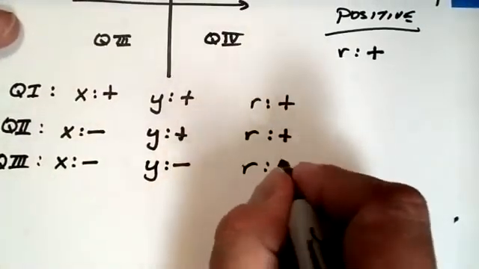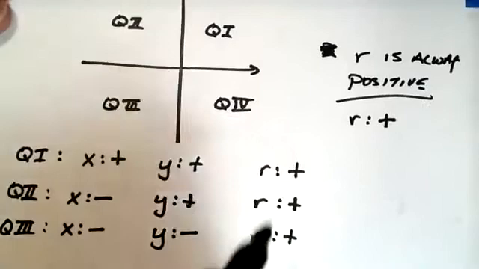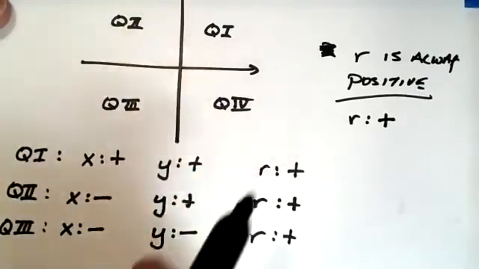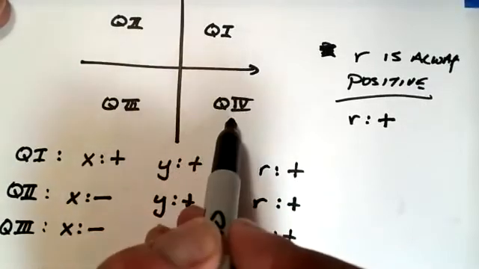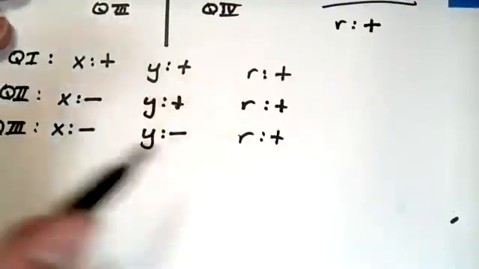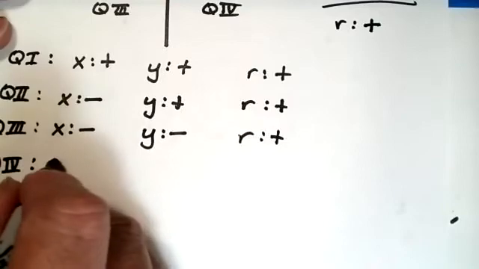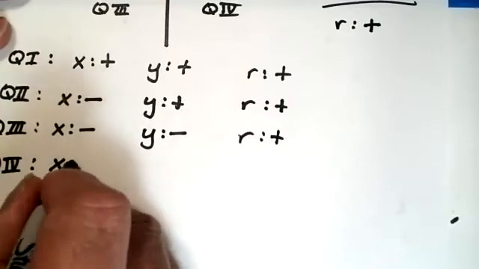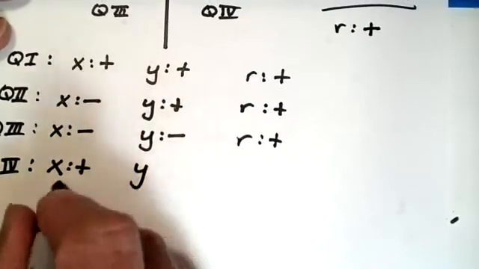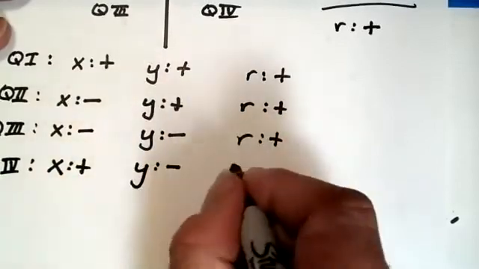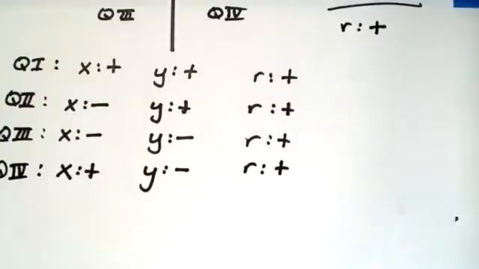And of course, r is always positive. In Q4, x is positive, but y is negative, and of course, r is always positive.